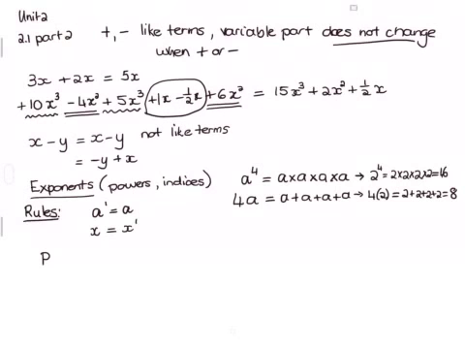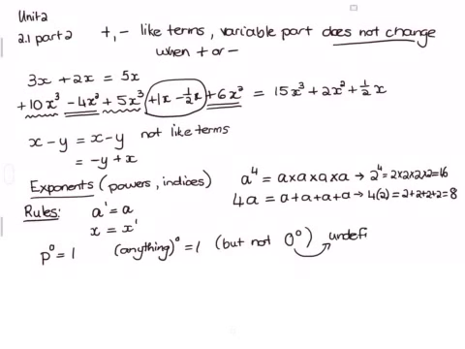anything, let's just use a different variable, to the power of 0 is 1. Anything to the power of 0 is 1. There's one exception. Not 0 to the 0. That again is undefined.